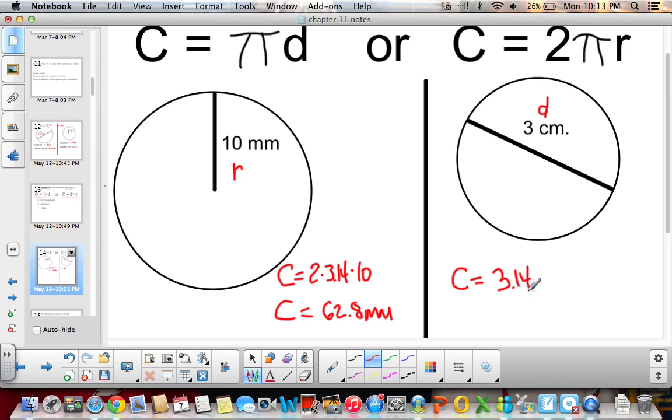It's just going to be rounded a tad differently. 3.14 times 3, so the circumference is 9.42 centimeters. We always use the same units that were given.